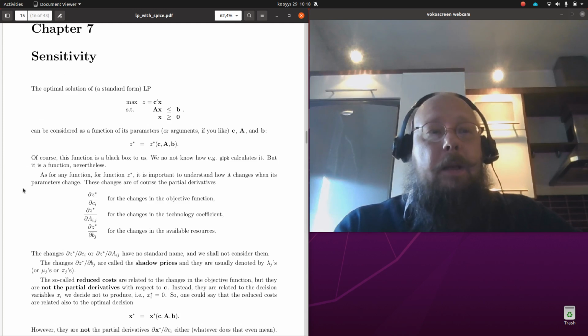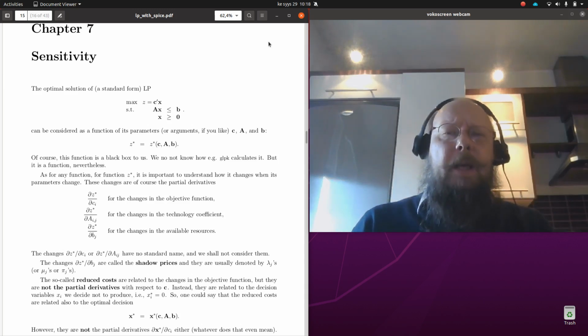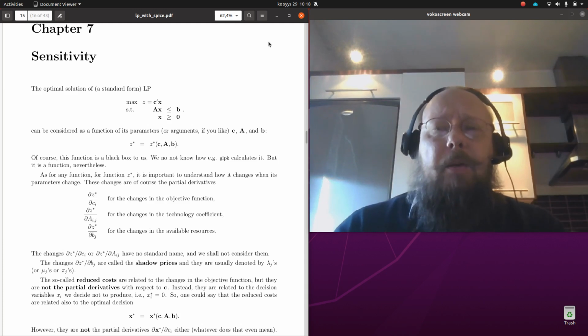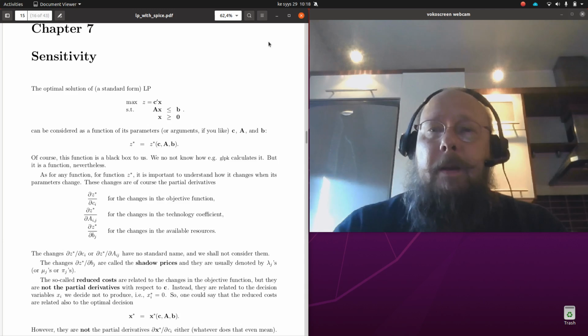This first page here in the introduction is more or less some general ideas of what the sensitivity analysis is about or should be about, and there is not too much explicit stuff here. So this is more or less to introduce the topic.